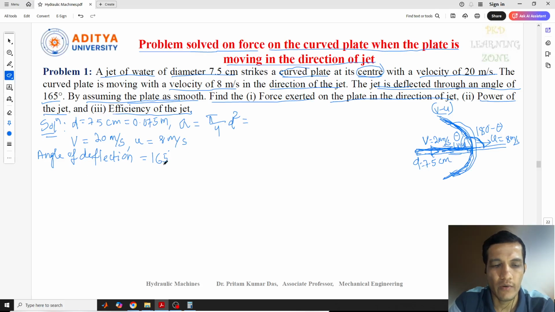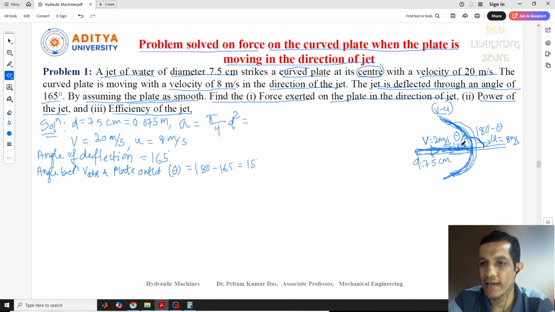Now we can find the angle between the relative velocity and the velocity of the plate at the outlet of the plate, that is theta. This is 180 minus 165, so theta is 15 degree.